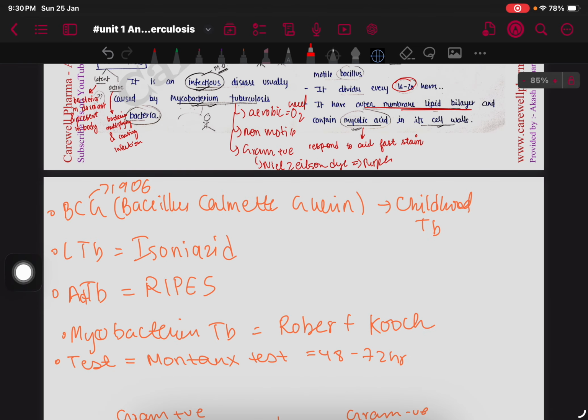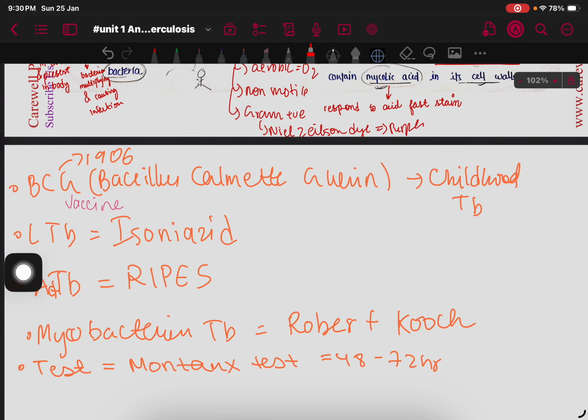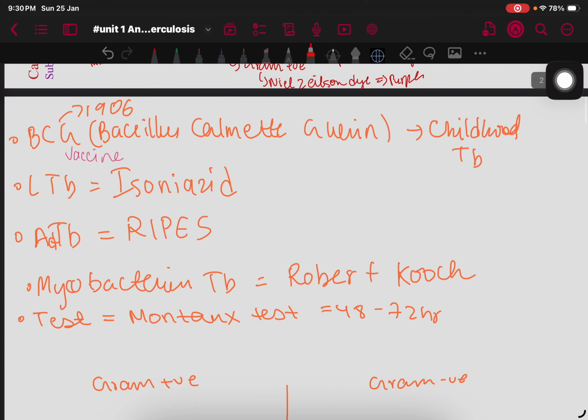The symptoms are mainly chronic cough, night sweats, weight loss, blood with sputum, and fevers. In kids there is a vaccine called BCG, developed in 1906, which is used in childhood TB to protect kids from this. For latent TB we have the drug isoniazid for management and treatment.